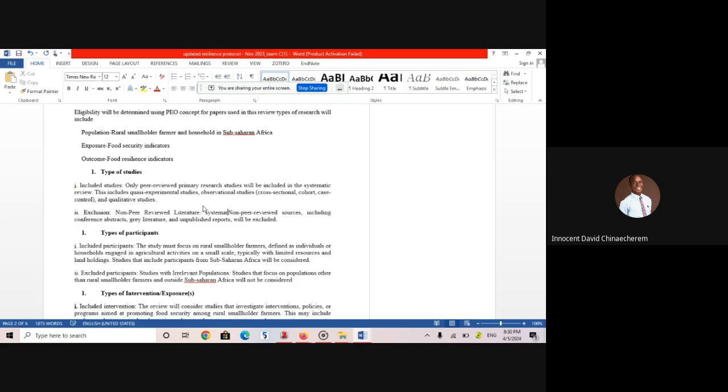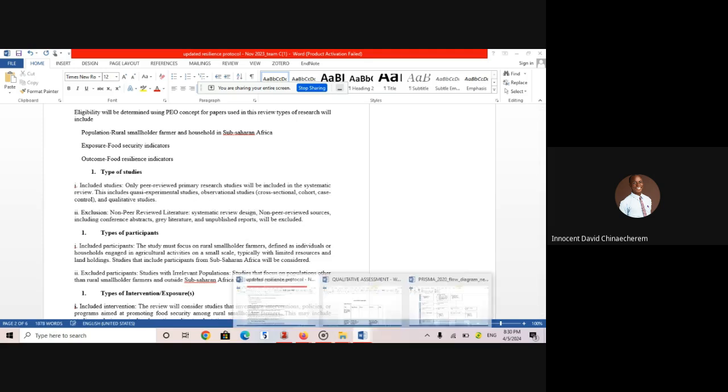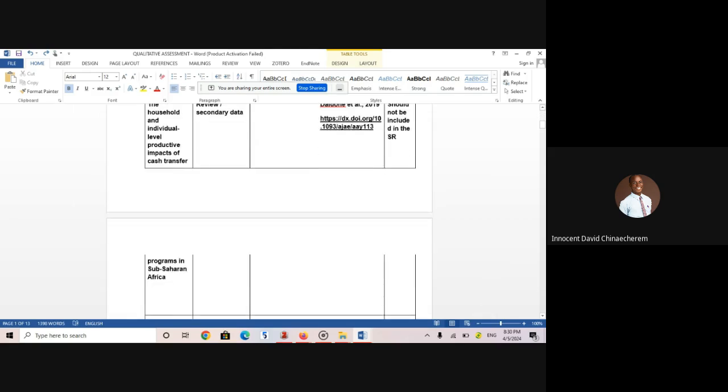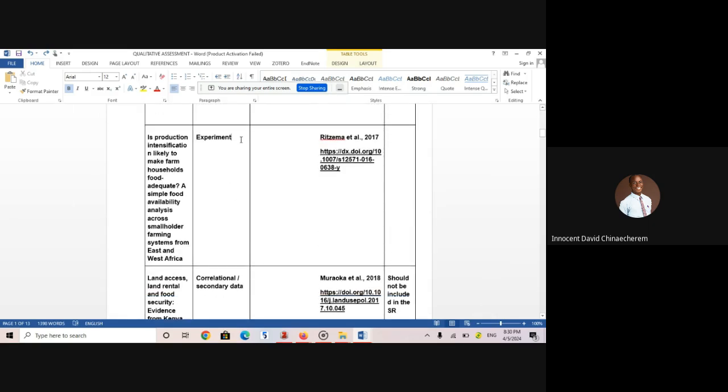We can include systematic reviews as included studies only when we are conducting a wide scoping review or a rapid review. That's when we can include systematic or literature review papers. This is a systematic review already, so a systematic review paper cannot be in our inclusion criteria. We need to have only primary studies.